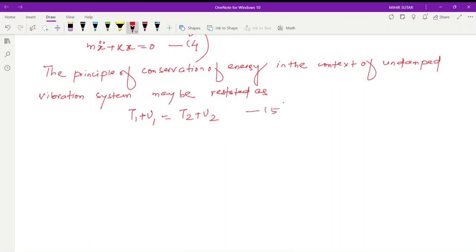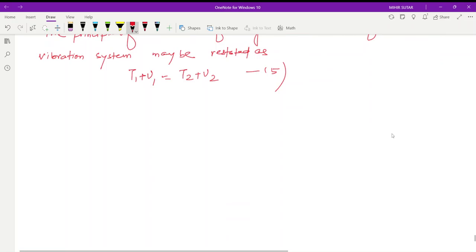Let us say equation 5. Okay. For two different instances, let us say this is for instant 1, this is for instant 2.